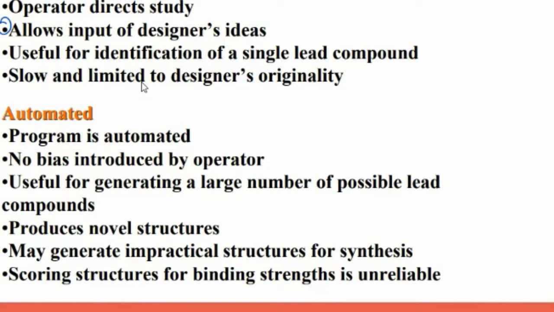If you have some idea in your mind that your lead molecule should look like this, or it should contain this chemical moiety or scaffold, that can be enforced and implemented in the manual method, but cannot be done in the automated. So this is useful only if you want to design a very few molecules, one molecule or two molecules, then we can go for the manual method.